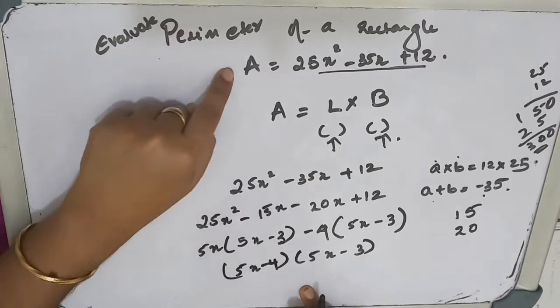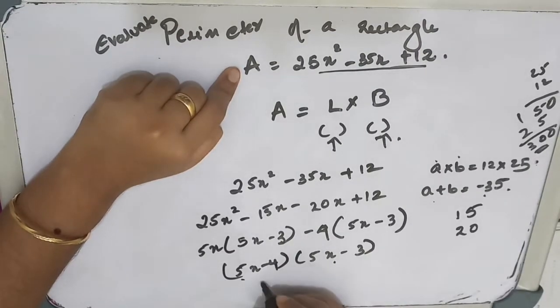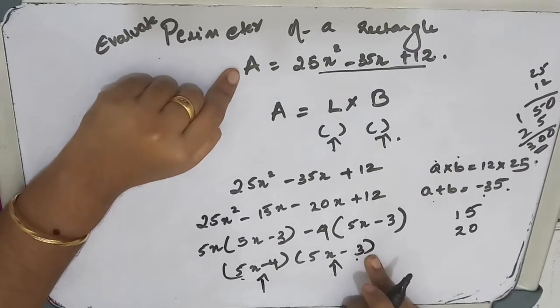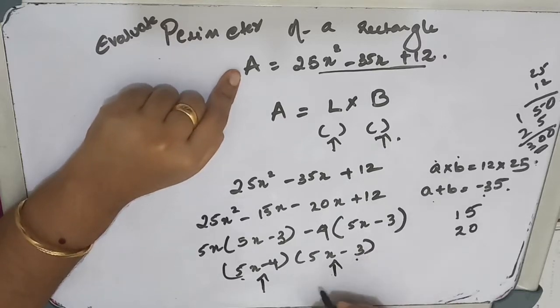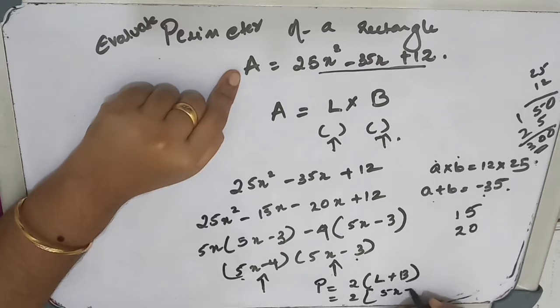So we have expressed the polynomial given for area like this. So we can assume these are the length and breadth. Now what is the expression for the perimeter? The expression for perimeter of a rectangle is 2 times L plus B. So 2 times the expression for length and breadth, 5x minus 4 plus 5x minus 3.